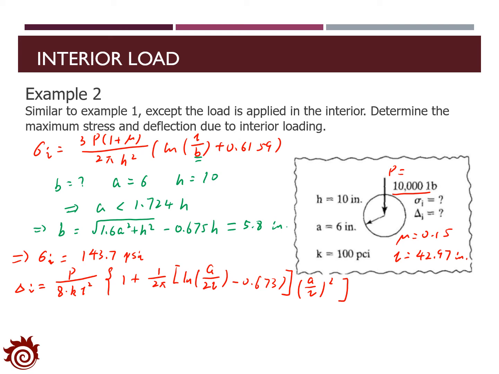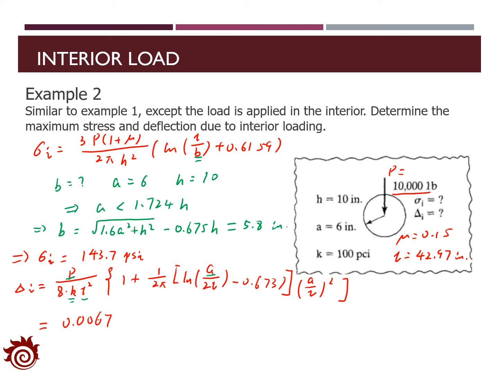In this equation, we know the values of all the variables. P is 10,000, K is 100, L is 42.97, A is 6 inches. Then we can find out the value of the deflection as 0.0067.